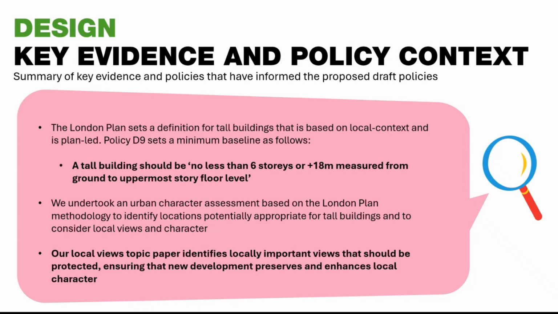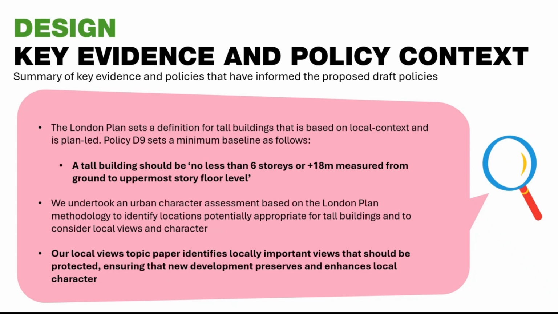Some of the important elements include that the London Plan has published the new version, which is now the currently adopted version. It sets a new definition for tall buildings that's based on local context and is plan-led. So policy D9 of the London Plan says that a tall building should be no less than 6 storeys or 18 metres measured from the ground to the uppermost storey floor level.